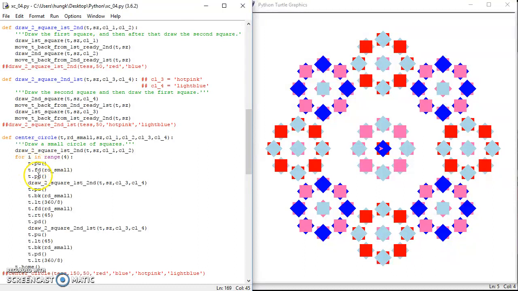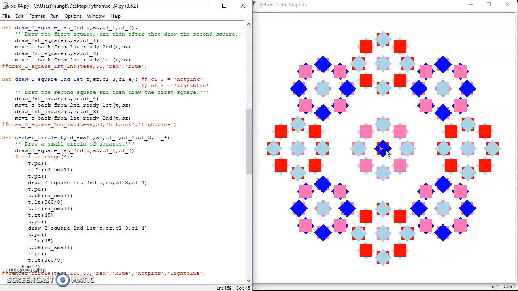Pen up, forward radius small, and then pen down and draw, you can see this one right here. Draw the same thing like this but just change the color. So the same thing, change the color CL1, 2 to 3, 4.